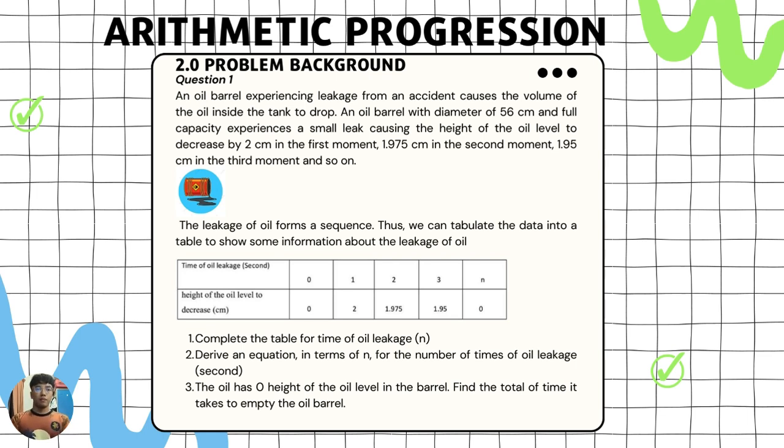Thus, we can derive an equation in terms of n for the number of seconds of oil leakage. The oil will have zero height of oil level in the barrel. We need to find the total time it takes to empty the oil barrel.